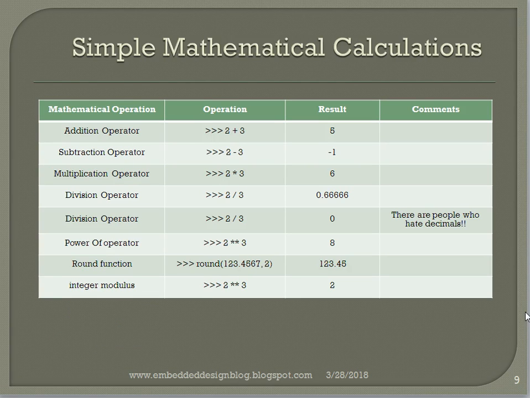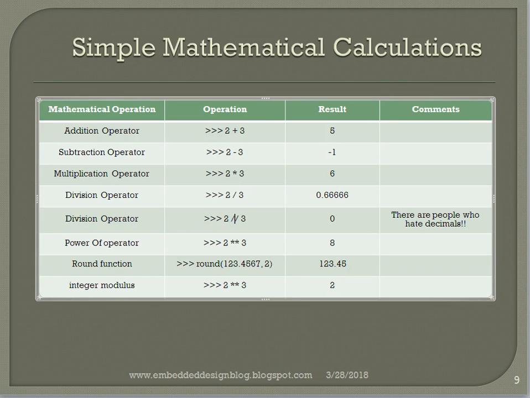The addition operator, subtraction, multiplication, division operator. I think there is a typo here. It should be a double slash. So if you don't need a decimal in a division operator, you can use a double slash, where you don't get the decimal factor.